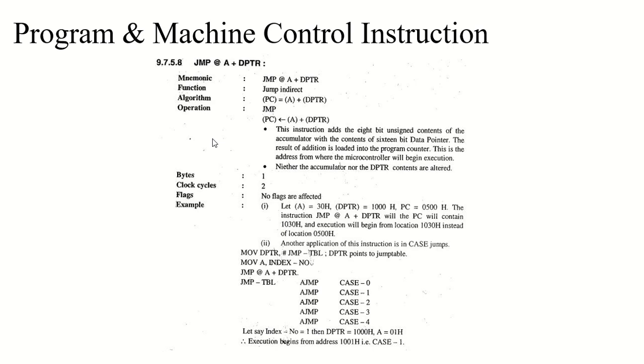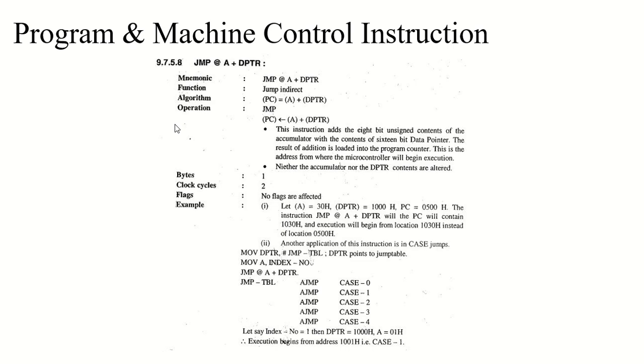And where is this 1030H going? It is going into the program counter. So now instead of 0500H, the program counter is indicating 1030H, and whatever instruction was about to be executed will now be executed from memory location 1030H instead of location 0500H. Clear?